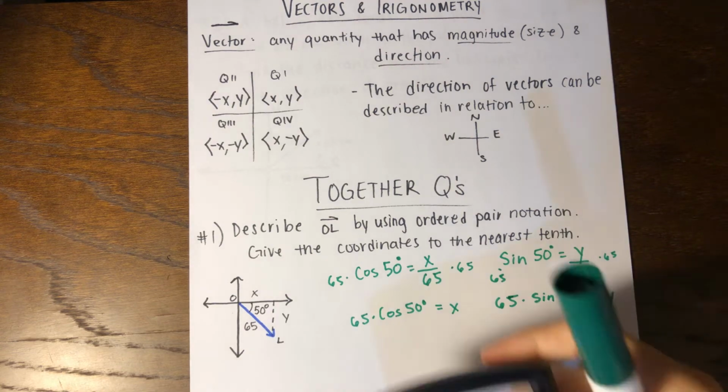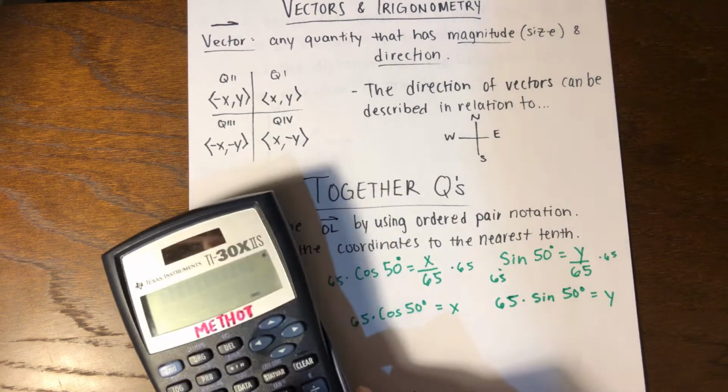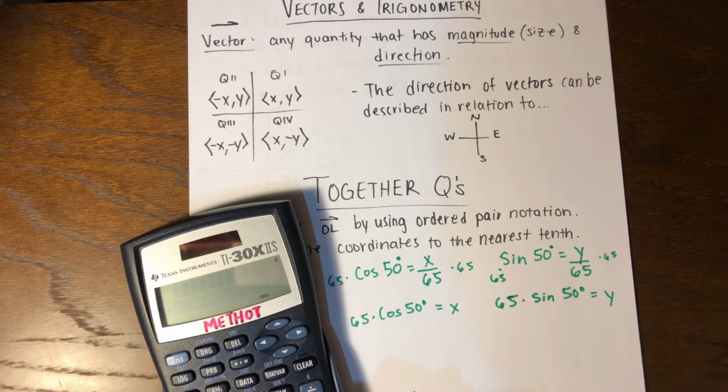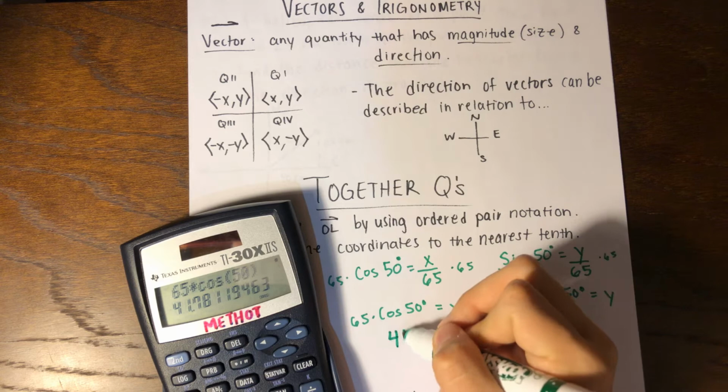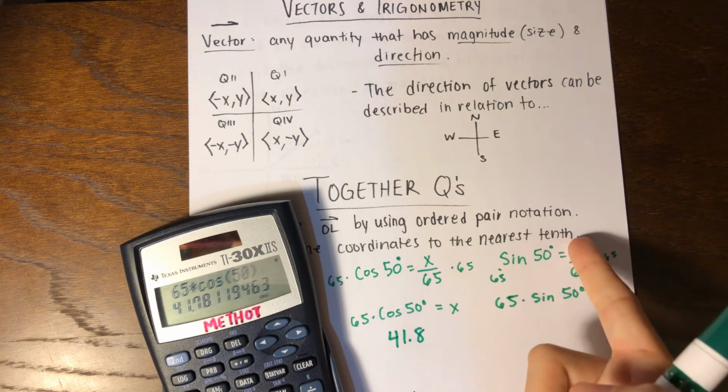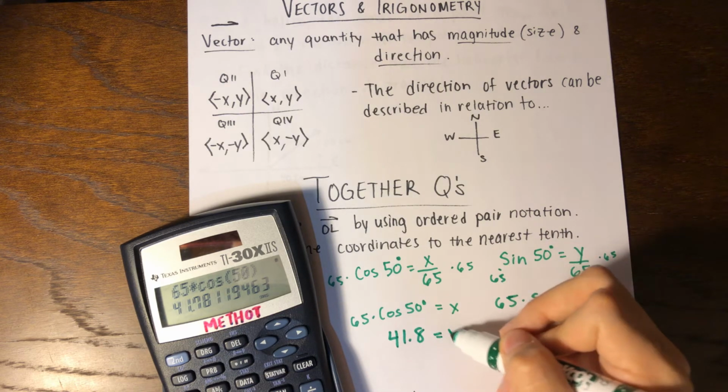So in our calculator, we're going to do 65 times the cosine of 50 degrees. When we do that, I get 41.78. So I'm going to round this to 41.8. They wanted it to the nearest tenth. So 41.8 is x.